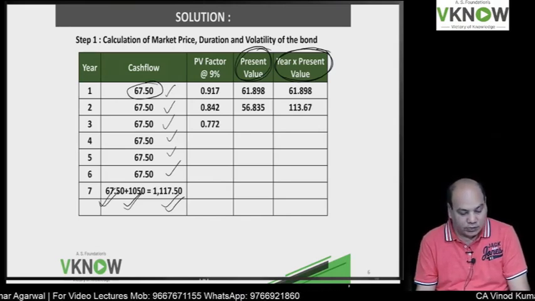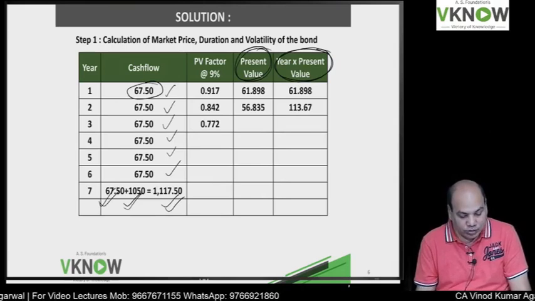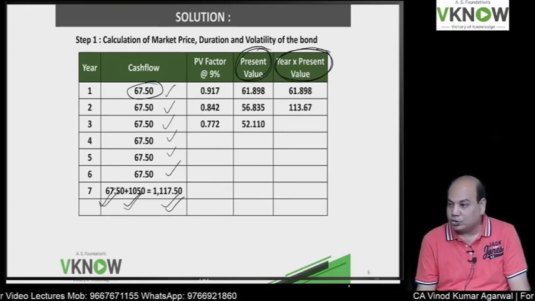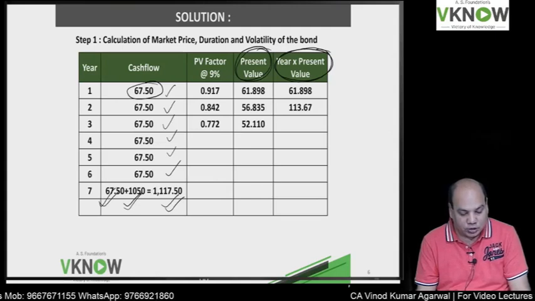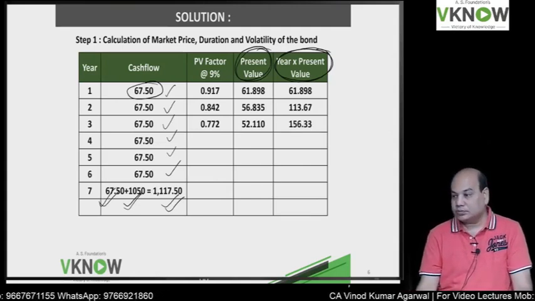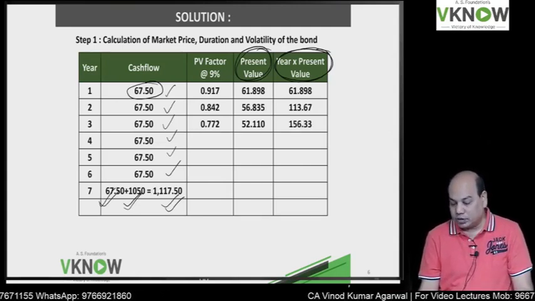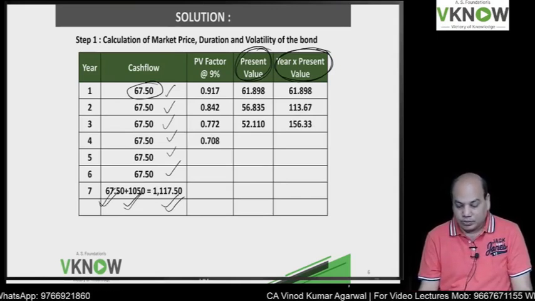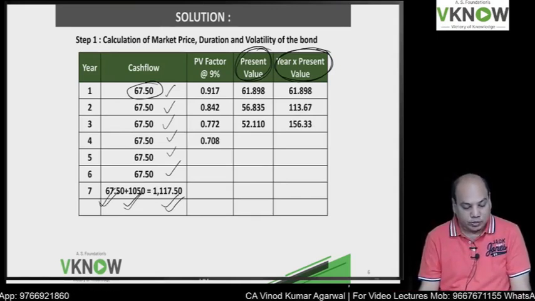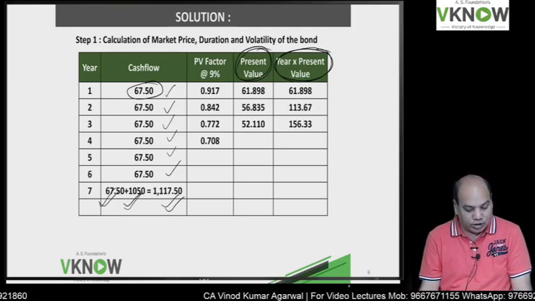Factor for year 3 is given, 0.772. Yes, Akshay, continue. Multiply, 52.110. With the class you will also learn presentation, you will also learn the speed, and into 3, 156.33. Everybody should reply. Year 4 factor is given in the question, 0.708. Those who don't have the question, please download it from the website vino.in.